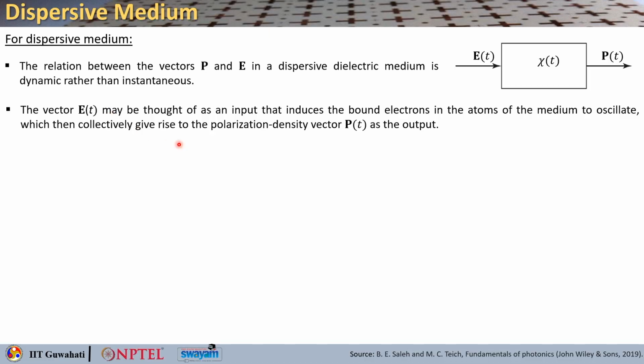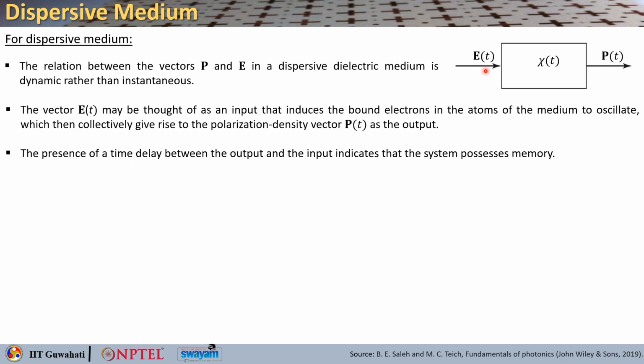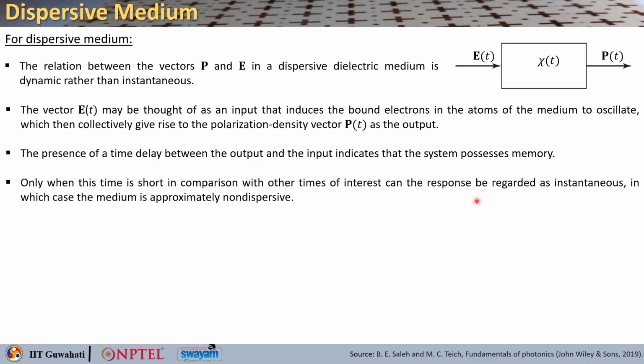So the vector E(t) may be thought of as an input that induces the bound electrons in the atoms of the medium to oscillate, which then collectively give rise to a polarization density vector P(t) as the output. That takes some time, and that time delay between the output and the input indicates that the system possesses some memory.